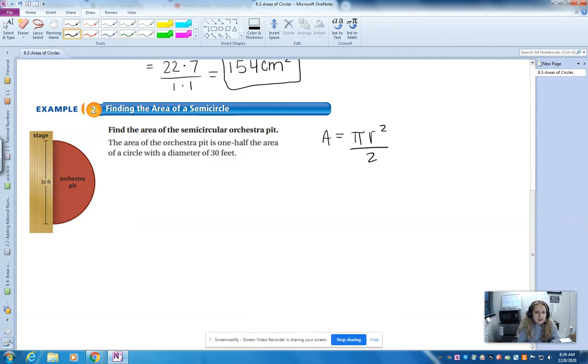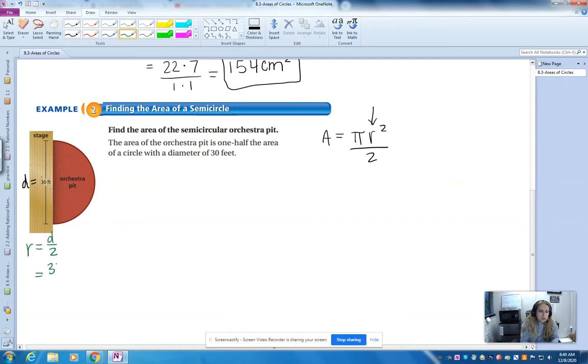So let's get our information. It says find the area of the semicircle orchestra pit. The area of the orchestra pit is 1/2 the area of a circle with a diameter of 30 feet. So they tell us that the diameter is 30 feet. So for our equation, notice we need the radius, not the diameter. So reminder, to find the radius, all you need to do is cut the diameter in half.